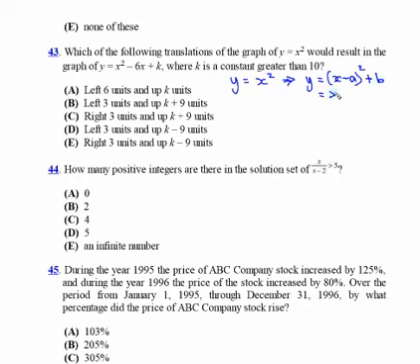Now we're going to expand this: x squared minus 2ax plus a squared plus b. Now let's compare this with this. We do not know the a value, but we're going to compare against the final function after the translation. Let's compare the x term.